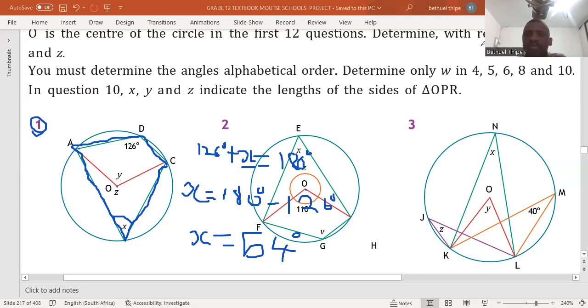Remember that we are required to state the reasons. So the reason here is opposite angles of a circular quad.